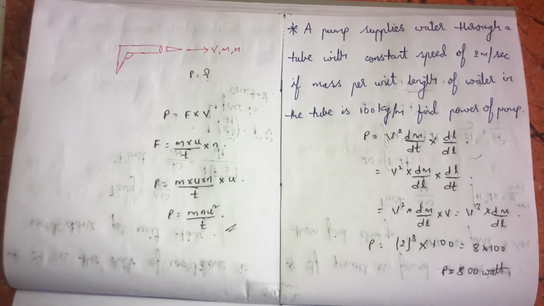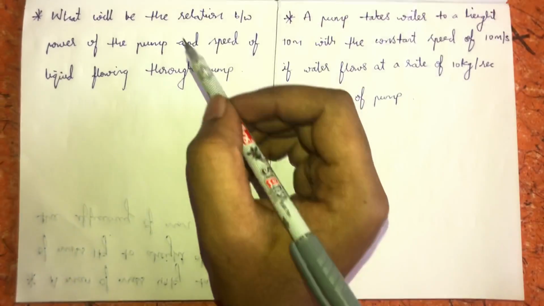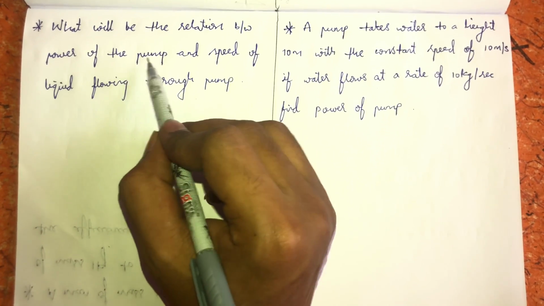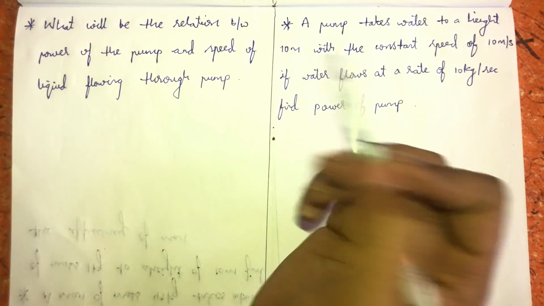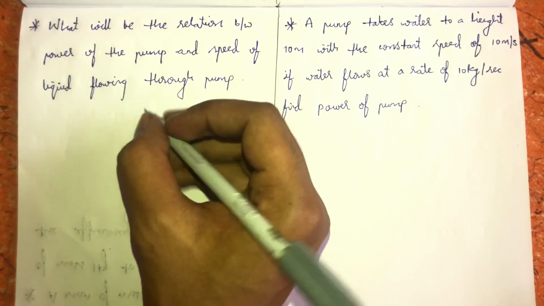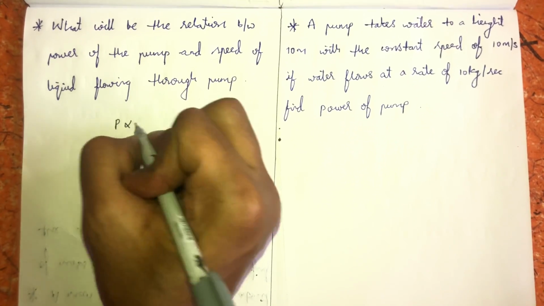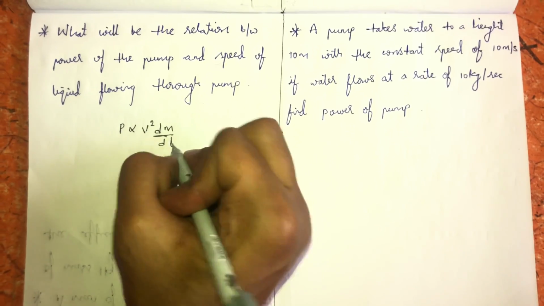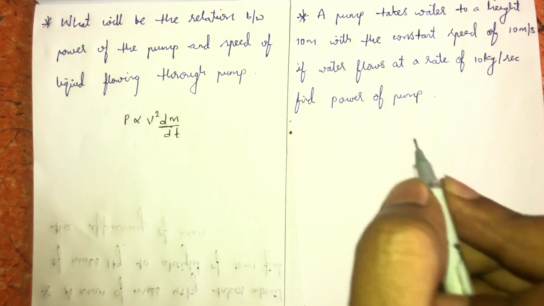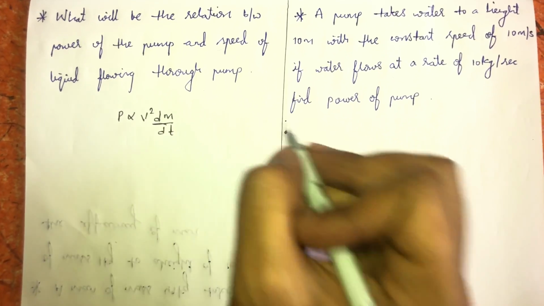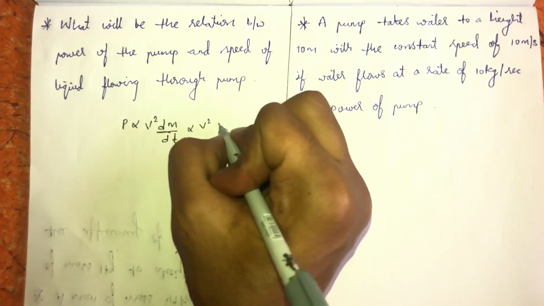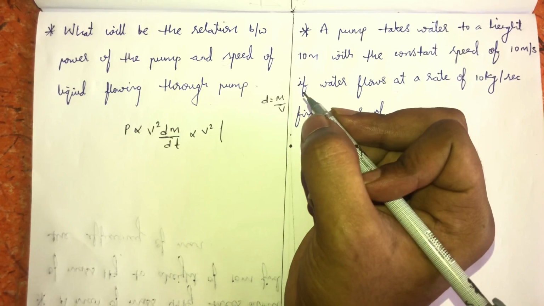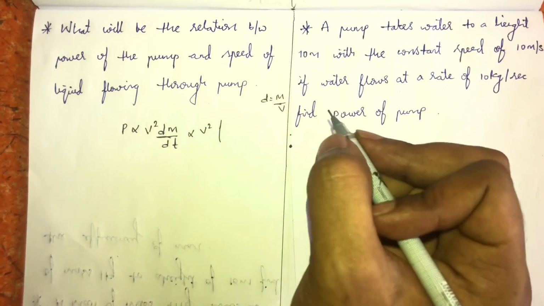That's clear. Next, in this situation they asked what will be the relation between the power of the pump and the speed of the liquid flow into the pump. As we already know that power is directly proportional to V square dm by dt, where we can write mass in terms of density. Density is equal to mass by volume, then mass will be equal to density into volume.